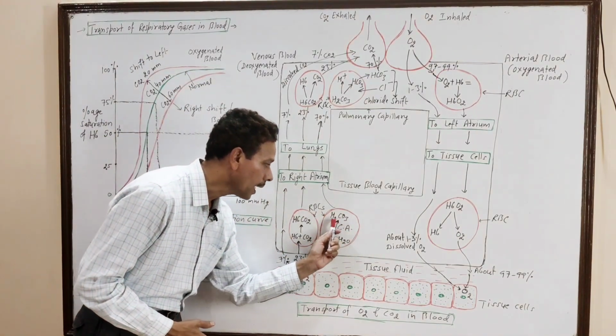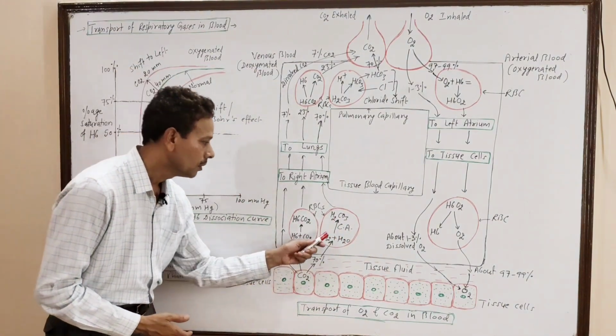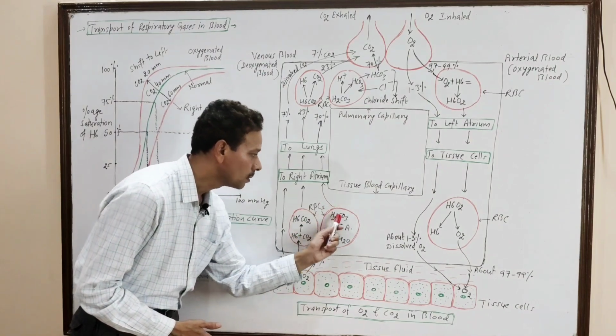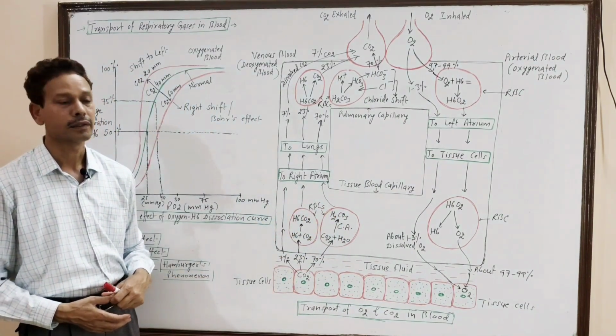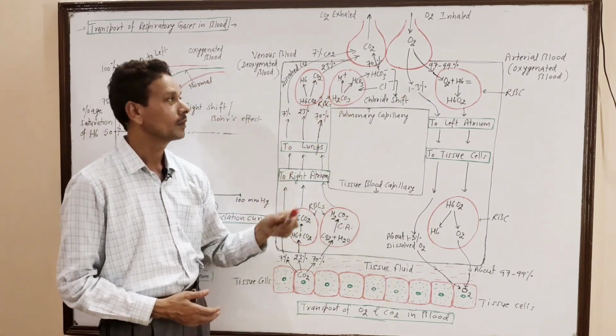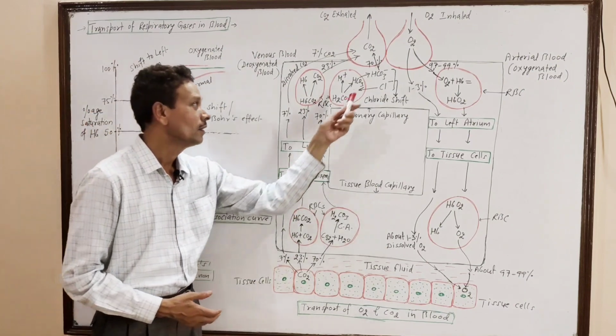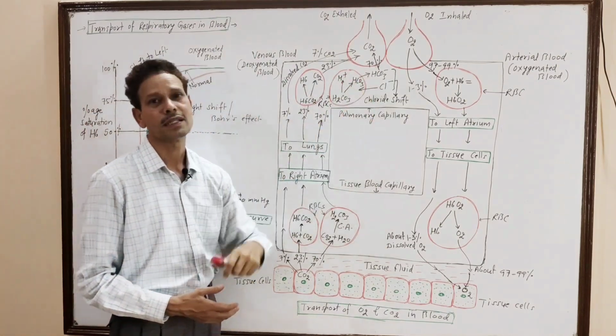This carbonic anhydrase catalyzes the reaction and produces carbonic acid, H2CO3, which dissociates into H ions and bicarbonate ions.